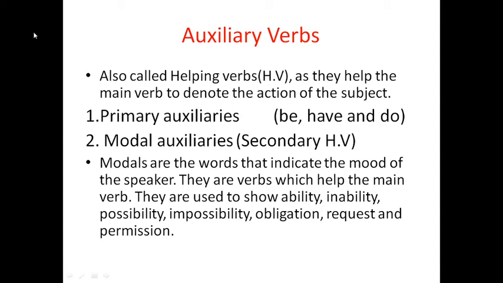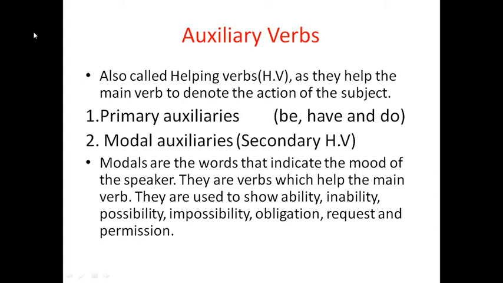Non-finite verbs are the ing form, past participle and present participle. Non-finite verbs are again divided into gerunds, participles, and infinitives. Participles are divided into present participle and past participle. Infinitives are to-infinitive and bare infinitive: to go, go. Okay. So these are the kinds of main verb forms.